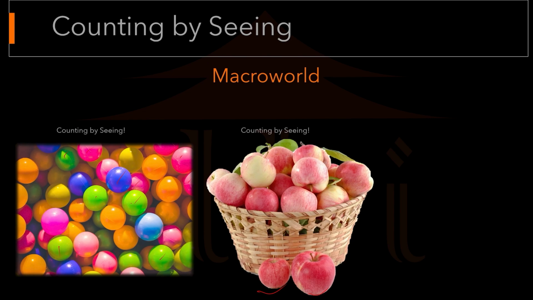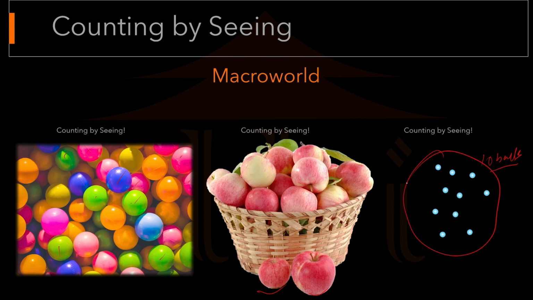Now let's take another example, and here you can obviously see that there are exactly 10 balls. This particular example is slightly different from the previous two examples, in that all the properties of each of these balls are identical, unlike the first two examples.